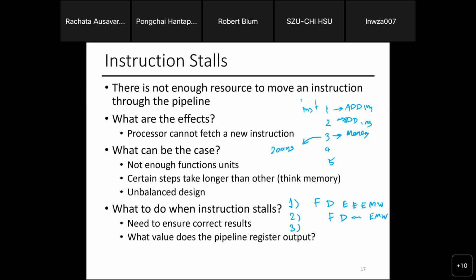But I cannot move from decode to execute because the ALU is busy servicing instruction 1. What do we do here? Any idea? What should I do with the pipeline register? Should I replace the output with the new input? No. I should keep the output from the old input from instruction 1 so that execute is still correct. So make sure the pipeline register holds the output. That's the next issue: make sure it gives the correct output to whatever needs it.